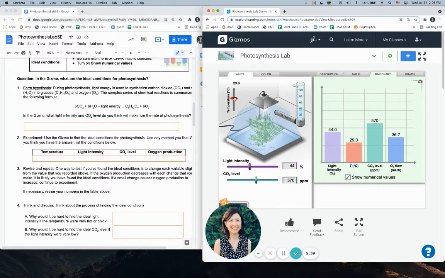What would be the ideal temperature? Well, if I go too high, then the oxygen level goes too far down. If I go too low, it's also going to go down. So it seems like the highest amount of O2 that's going to flow is right around 29 degrees Celsius.